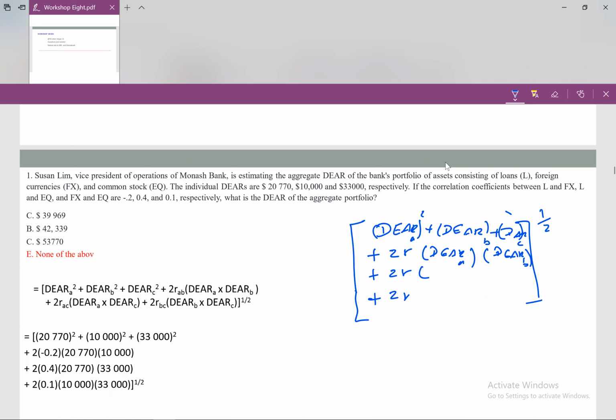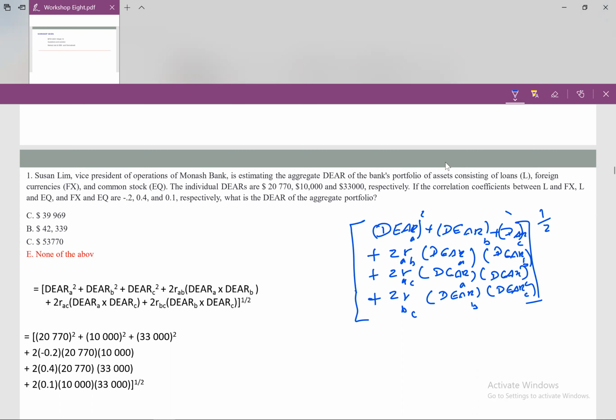You take this is A and B. This is A and C. And this is B and C. So this is A, this is DEAR C. I mean, this is the best way to do it. And then you get DEAR B times DEAR C.